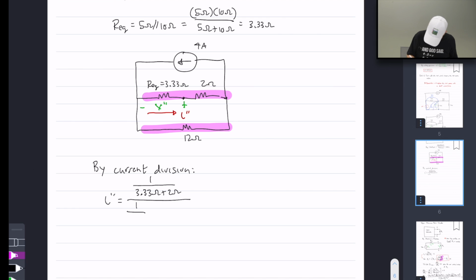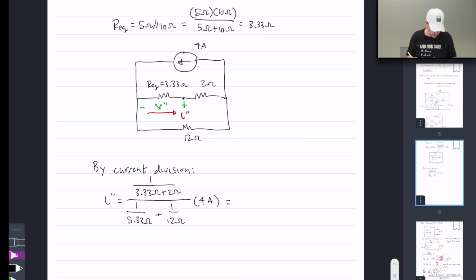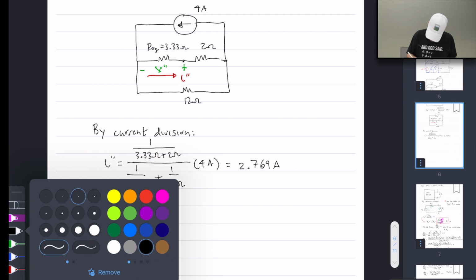So that's 1 over 5.33 ohms plus 1 over the 12 ohms times the current entering into that. That's 4 amps, like this. And if you were to crank through all the math, one of the things that you would find is that this actually is 2.769 amps.